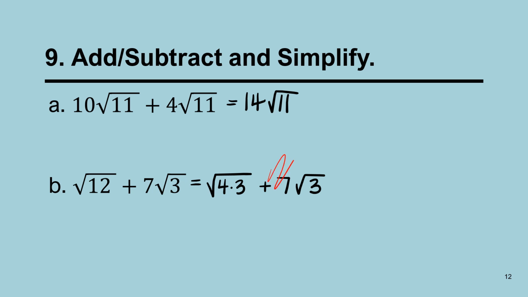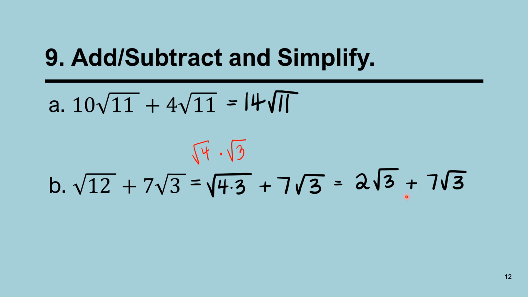Again, we're just kind of ignoring this right now. And we're saying, okay, this can be split up and written as square root of 4 times square root of 3. We know that 4 is a perfect square. Square root of 4 is 2. All right, so that's going to become 2 times the square root of 3.